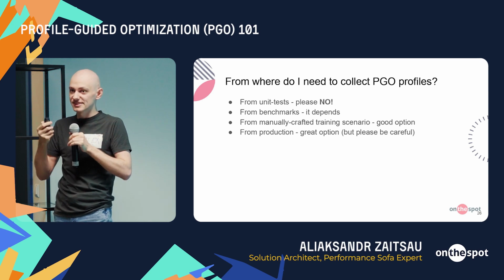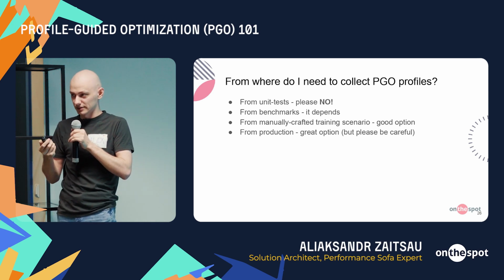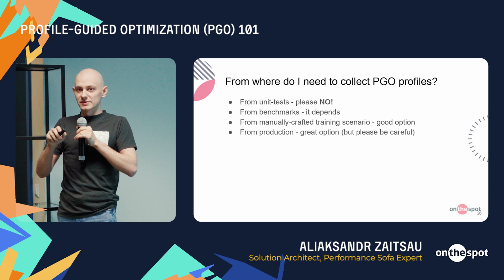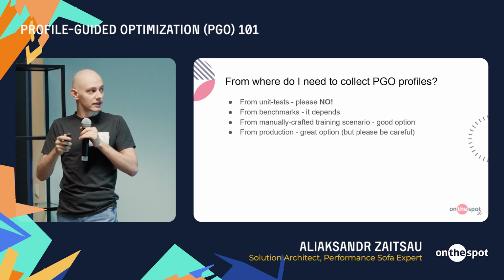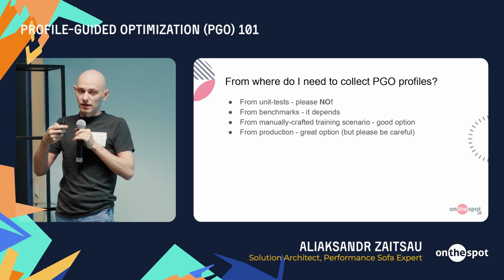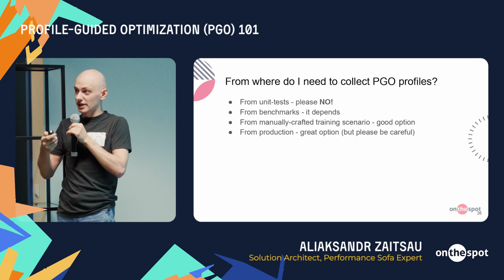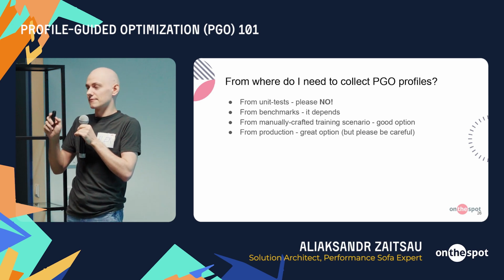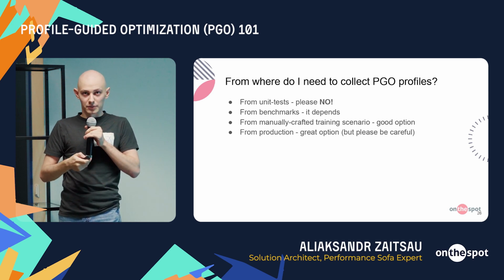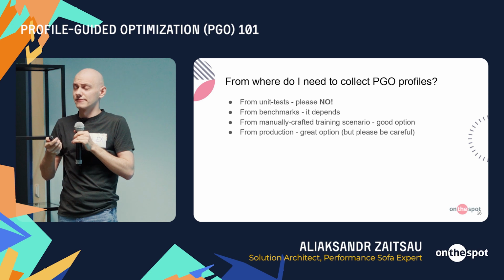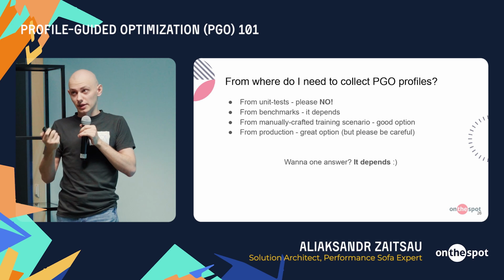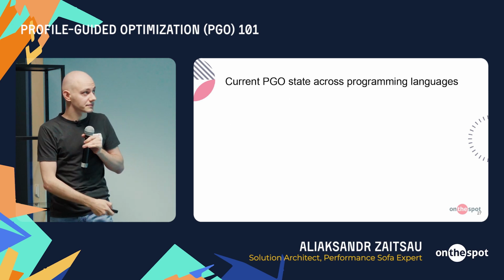That was exactly the reason why sampling PGO was implemented at Google. In this case, you will not have problems with profile skew, like an obsolete training workload. The caveat: you cannot use instrumentation PGO in production. Actually, sometimes for some applications you can. In general, you cannot, because in general, you cannot sacrifice performance in production too much. But anyway, one answer: it depends.